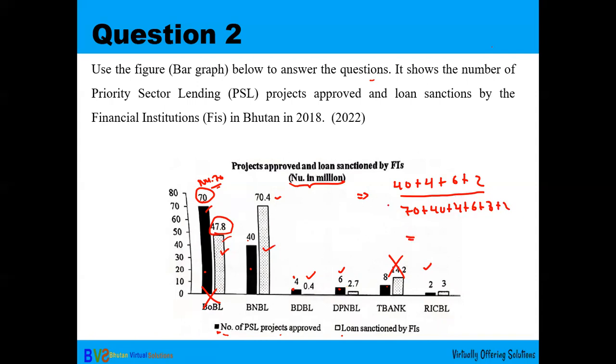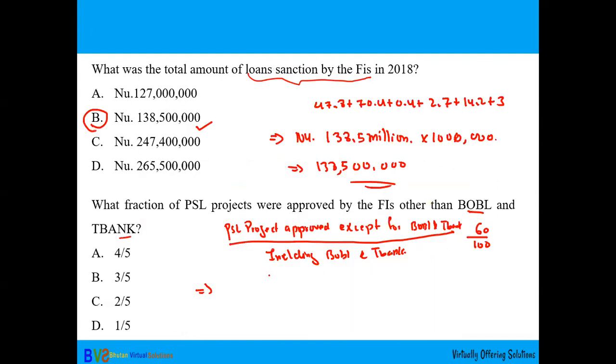So when you do this, I think you will get, let me check, okay, 52 divided by 130. So the ratio you are getting is 52 by 130. You have to simplify this ratio.